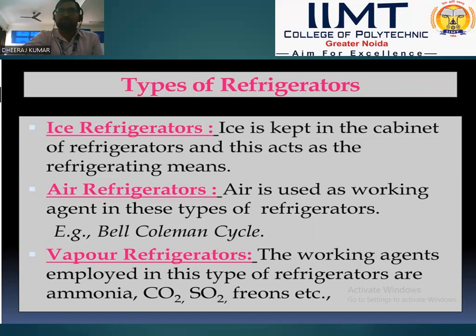In the air refrigeration system, air is used as the working substance in the refrigerator. The Bell-Coleman cycle is an example of an air refrigeration system. In the vapor refrigeration system, the working agents employed are ammonia, CO2, SO2, Freon, etc.